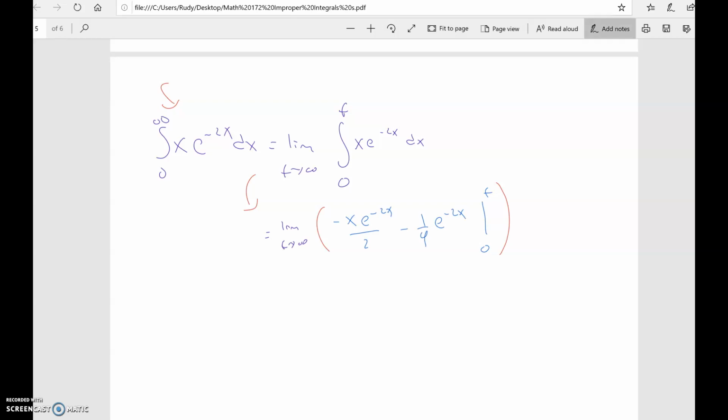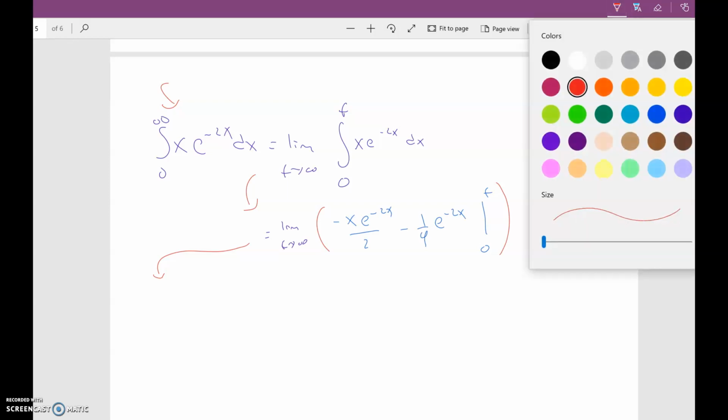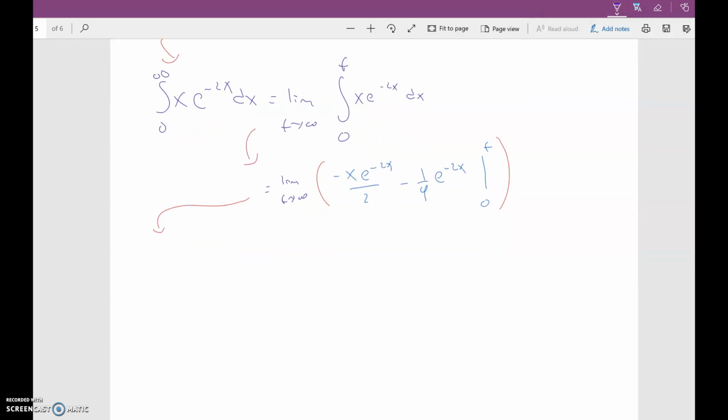Okay, so let me evaluate the actual t's and then look at the actual limits. So we still have that this is equivalent to the actual limit as t approaches infinity of negative t e to the negative 2, whoops, this is now t divided by 2 minus a 1/4 e to the negative 2t.